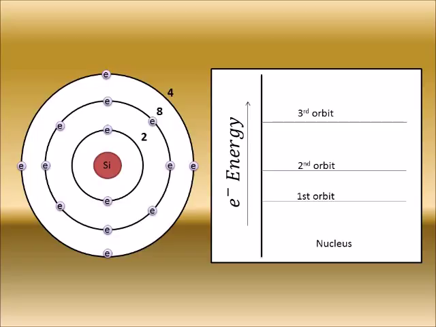The energy level indicates the amount of energy the electron requires to be removed from its orbit. The electrons in the outermost orbit will require the minimum energy compared to those in the second orbit, and then the first orbit.